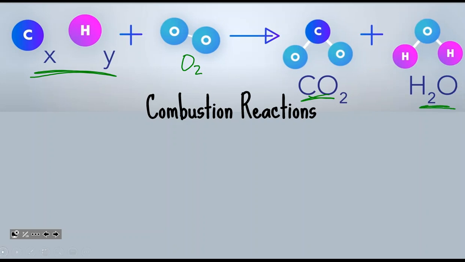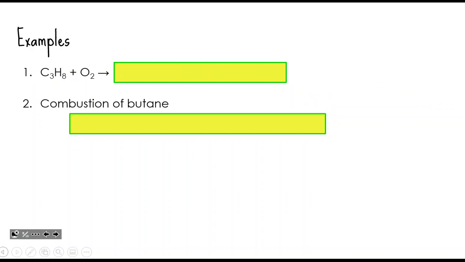So this one's actually the easiest of the bunch, in terms of the products at least. Products are always going to be carbon dioxide and water. So basically all you have to do here for this particular one is put CO2 plus H2O.